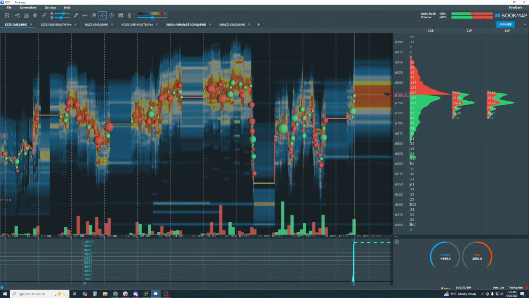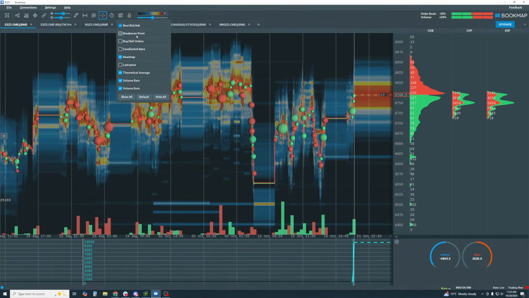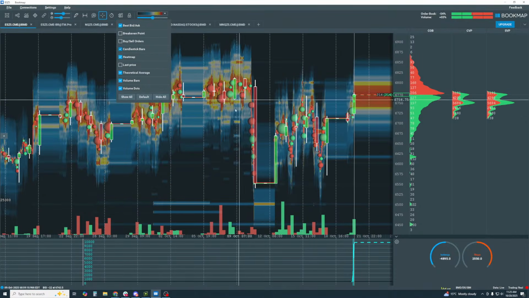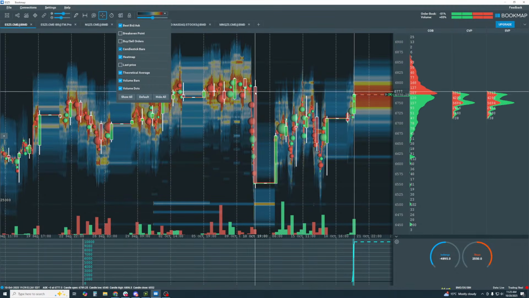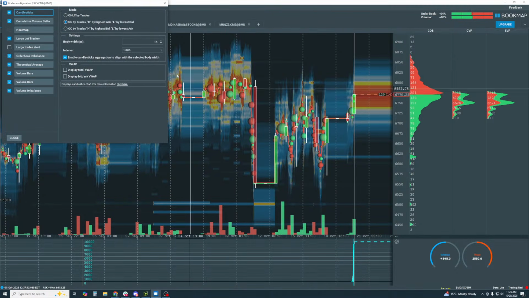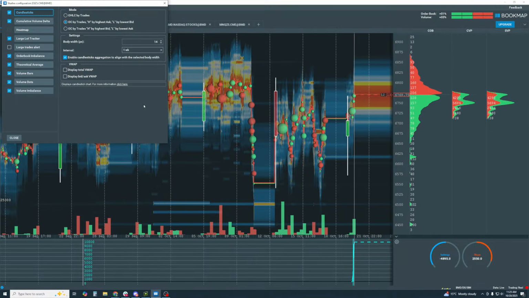All right, you can put a candlestick chart on it as well. This is a daily. Or we can look at a weekly.